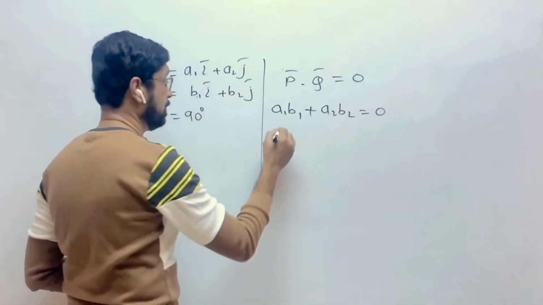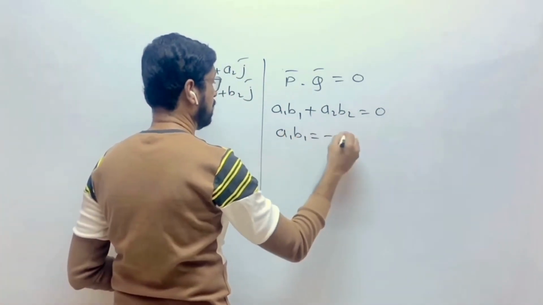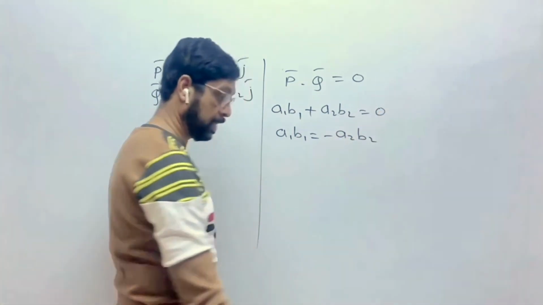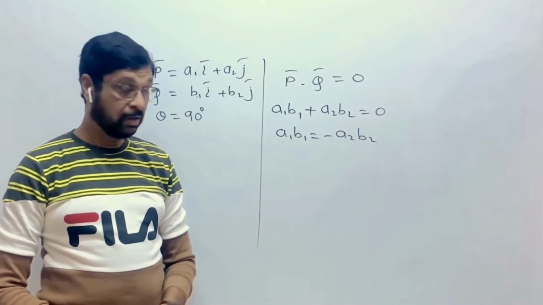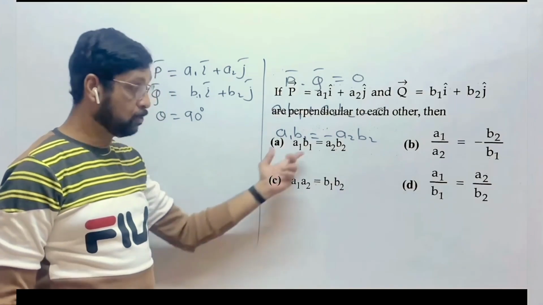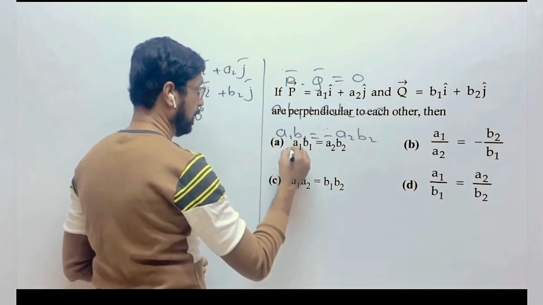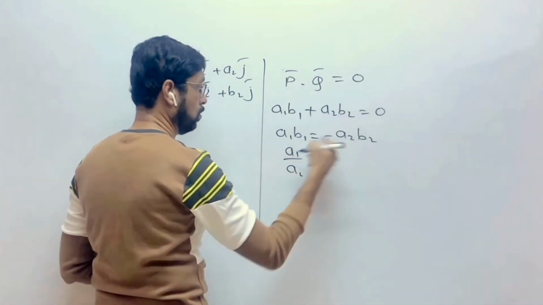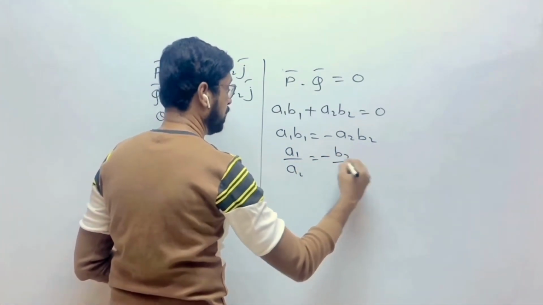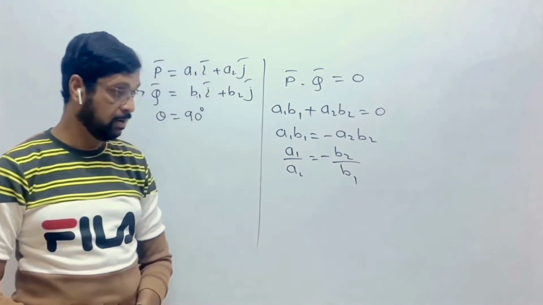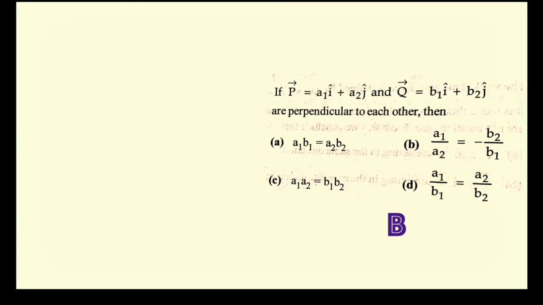Or you can say A1 B1 is equal to minus A2 B2. Now check the options. See which one it is. The second one, A1 upon A2 is equal to minus B2 upon B1. So your answer is B. A1 upon A2 is equal to minus B2 upon B1.